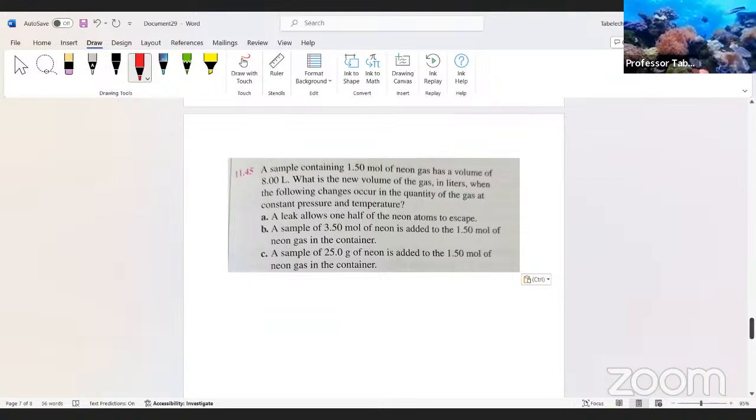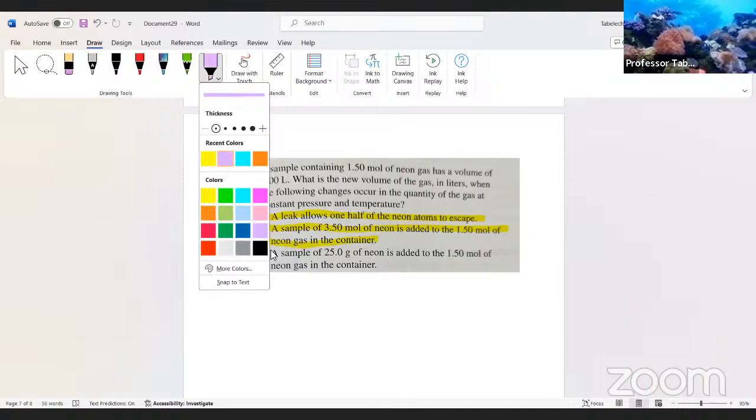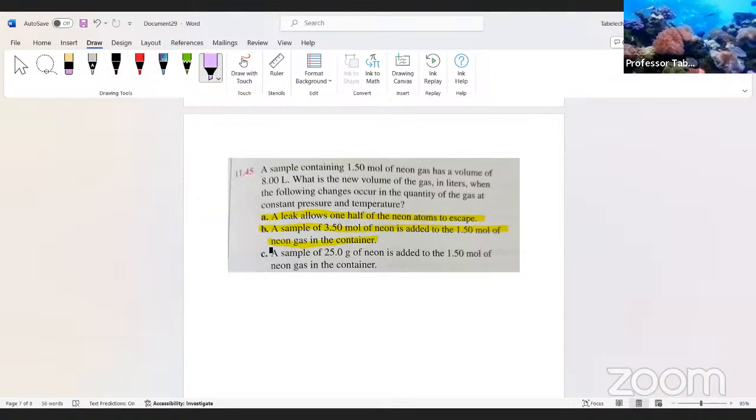All right, so again, don't worry about what was in the previous problems. So don't even look at letter A, okay? We're not concerned about letter A. And don't even look at letter B, okay? We're not concerned about that information. What we are concerned about is, of course, letter C. So again, you've got to start back over with what they gave you in the initial part of the problem.